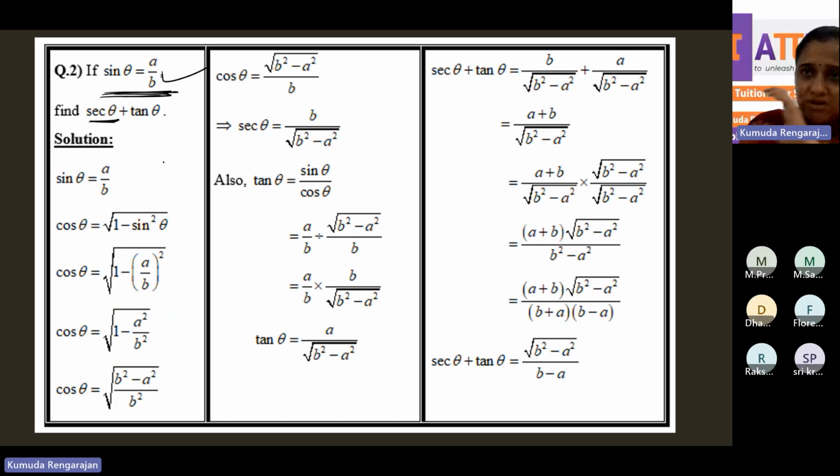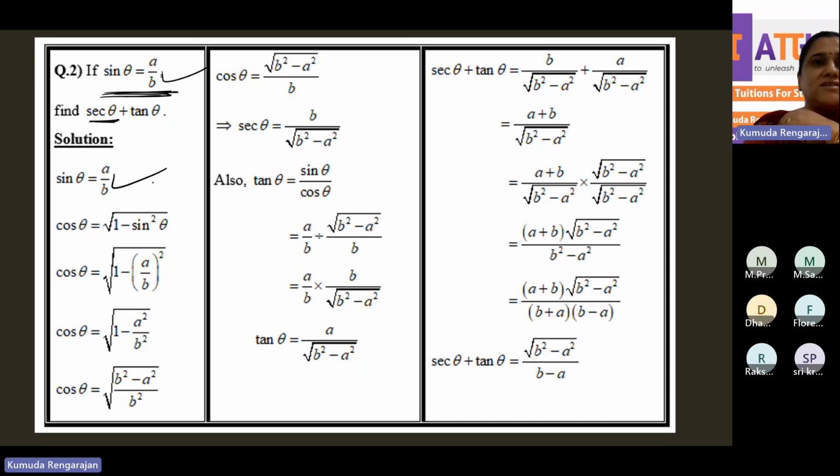When you are given a trigonometric ratio, there are different approaches to answer the question. One is the triangle method. You can draw a triangle, mark the acute angle, and fill the two sides, find the third side using Pythagoras theorem, and then find the ratios and proceed. The other way is using trigonometric identities. This is that second method.